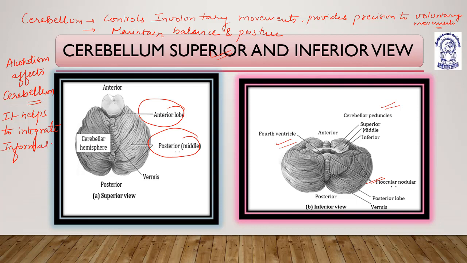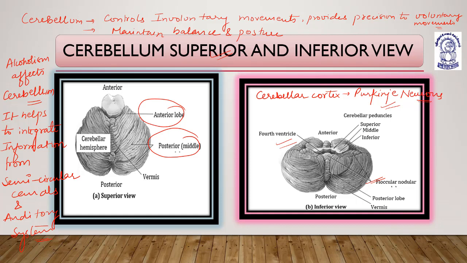The cerebellar cortex consists of Purkinje neurons, which are the most developed and most complex neurons in humans.